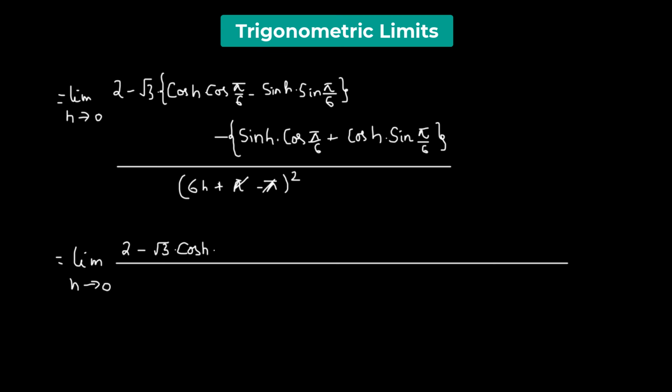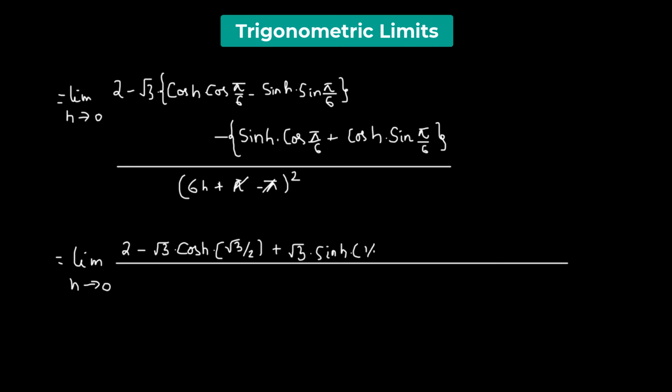So cosine of 30 degrees is square root of 3 over 2. So we have minus root 3 multiplied by negative sine h. So that will be positive square root of 3 times sine h. And we have sine 30 degrees.